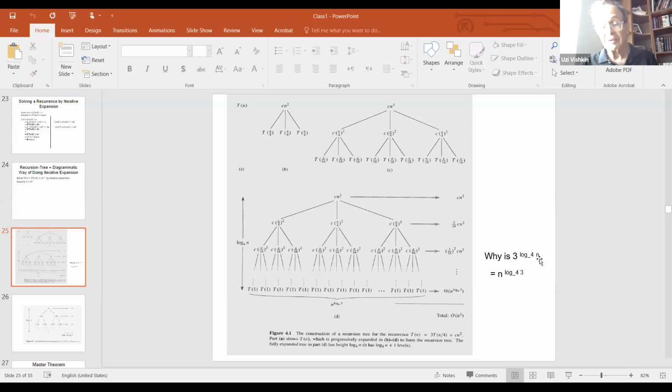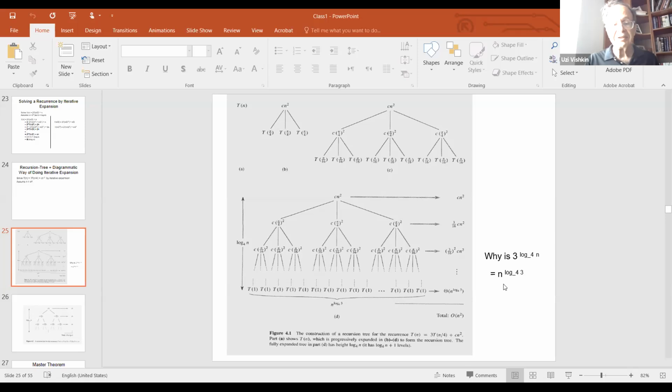And what I guided you to observe is that this term is equal to n to the power of log base 4 of 3. And why are they equal? It's a trivial observation. You just take the logarithm of both sides, and you can immediately see that they are equal. Okay, so this is a summary of what we discussed up to the last class.